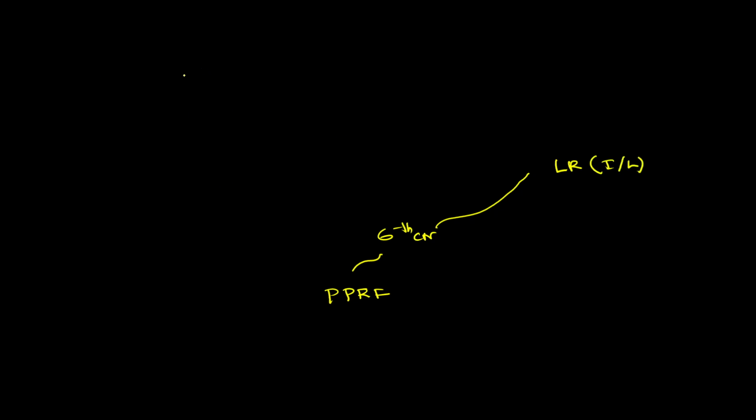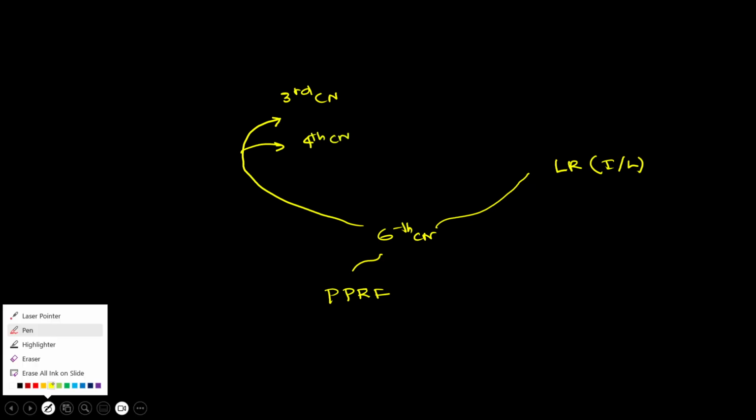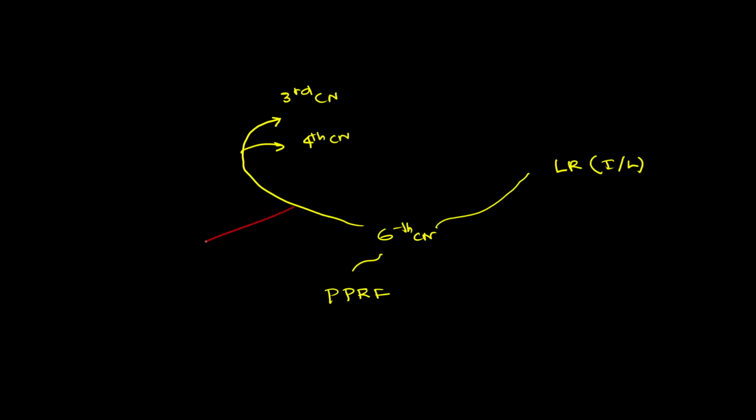which will have connections with the third cranial nuclei and the fourth cranial nuclei via a structure which is known as the medial longitudinal fasciculus. So what does the PPRF do?